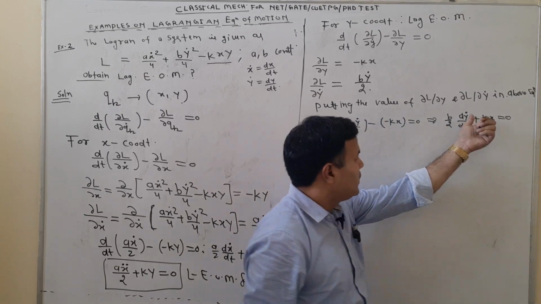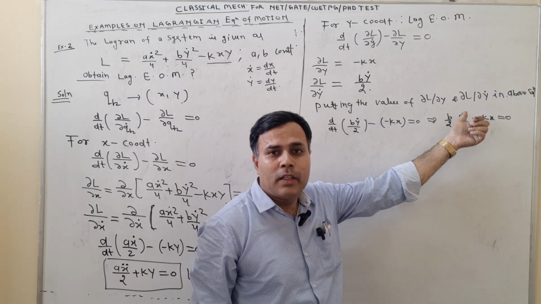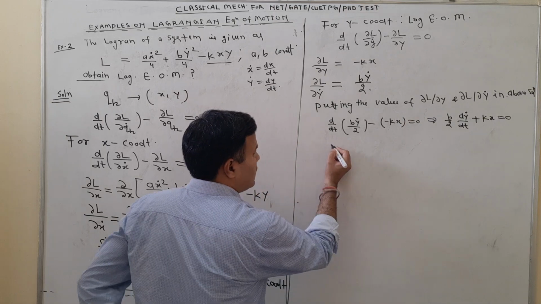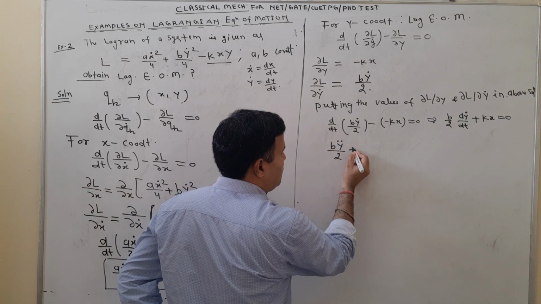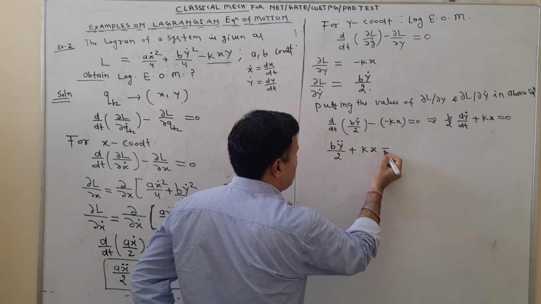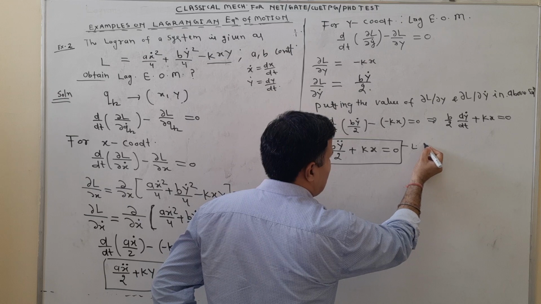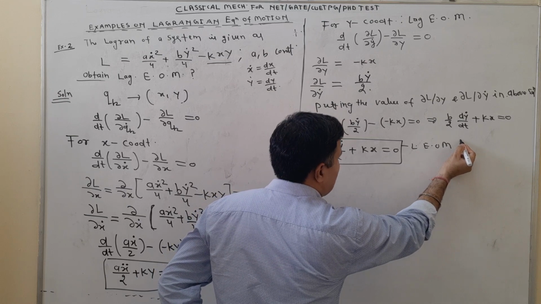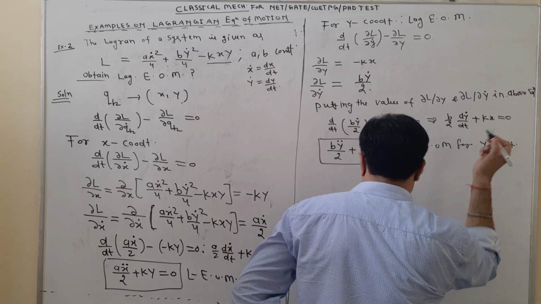This is the rate of change of velocity in y direction, so this can be written as y double dot. So y double dot by 2 plus kx. So this is the Lagrangian equation of motion for the y coordinate.